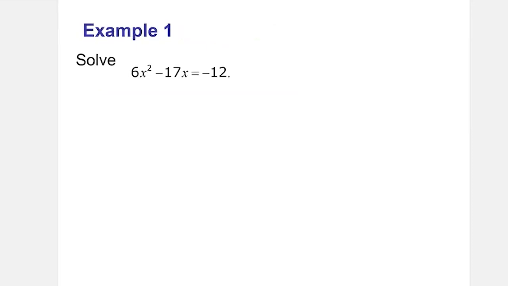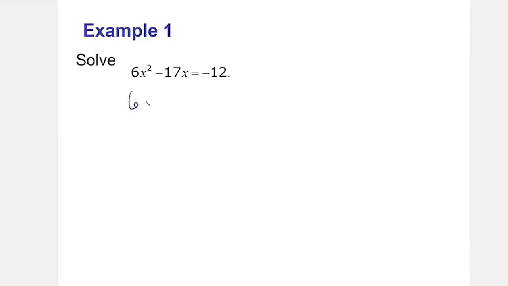So always what we want to do is make our quadratic equation equal to 0. Because then when we factor, or use the square root property, or use the quadratic formula, we can always solve it, and it has to be equal to 0.